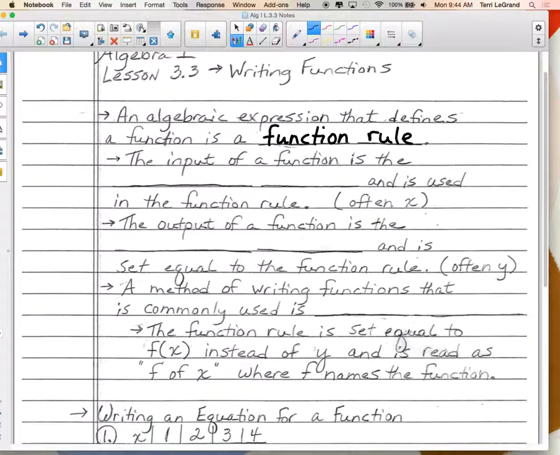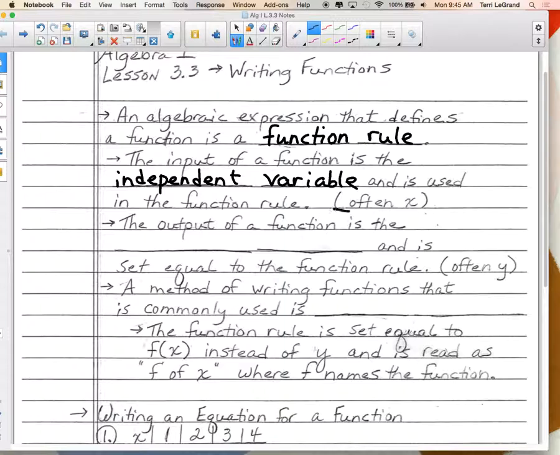When we input a value into that function rule, the input of the function is the independent variable, and is used in the function rule. So your independent variable is going to be the letter that is being used, the variable that is being used in that algebraic expression known as the function rule.